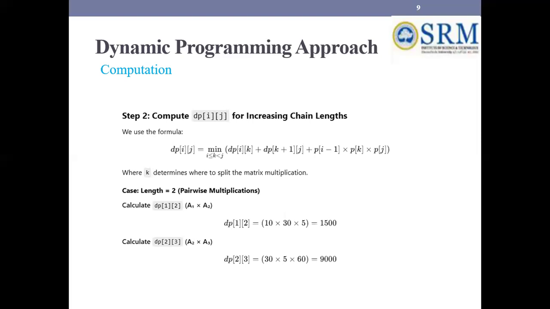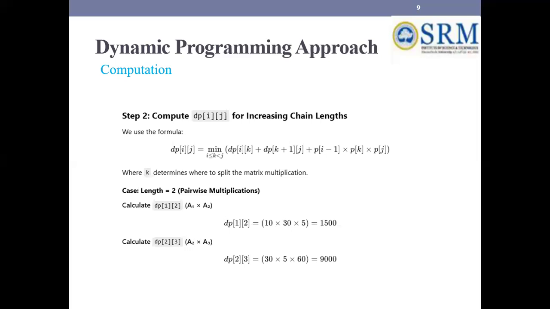And step 2, compute the dynamic programming table T of i comma j for increasing chain length. We use the formula. We are going to find the T of i comma j value, where k determines the split of the matrix multiplication. So length is 2, pairwise multiplication.